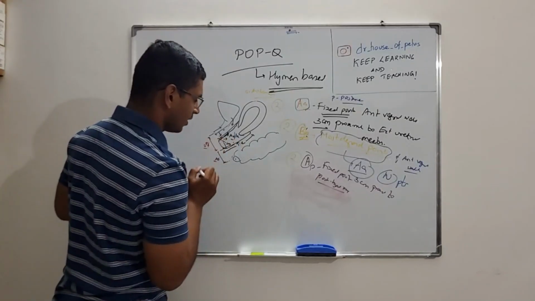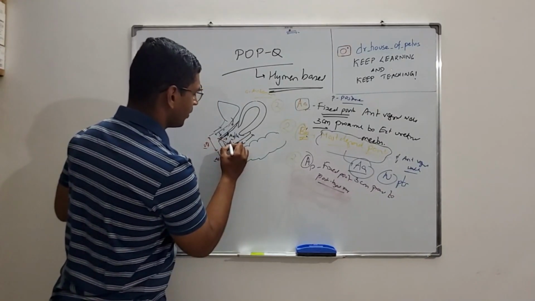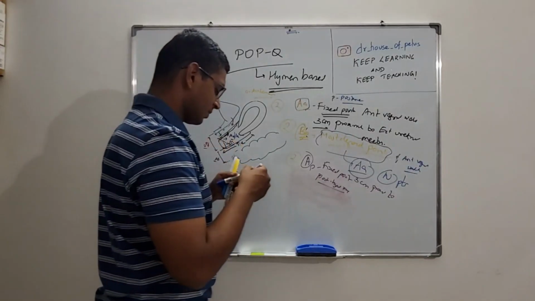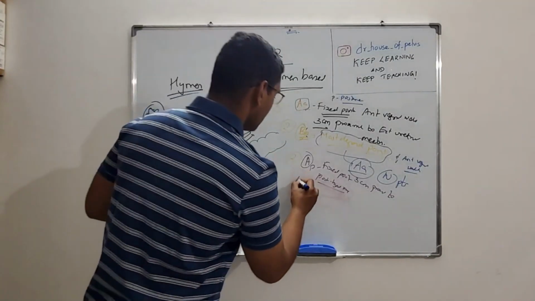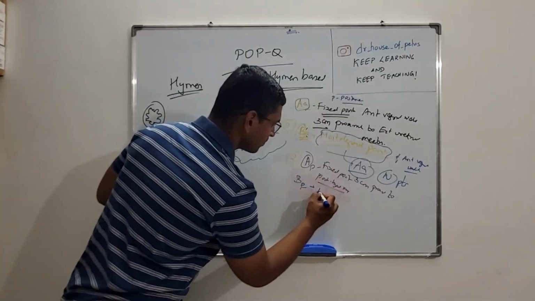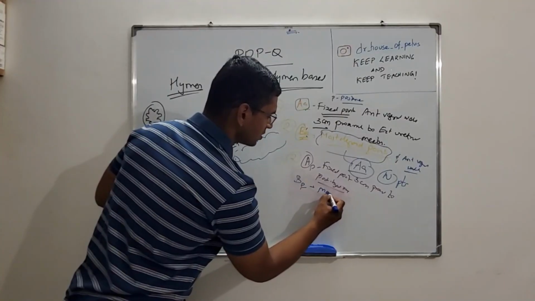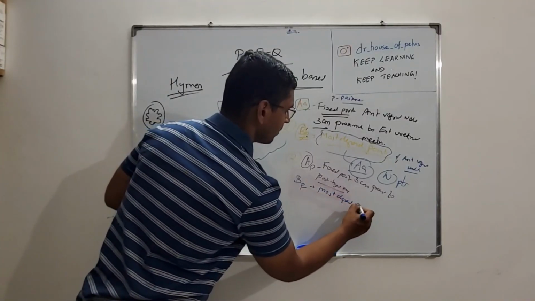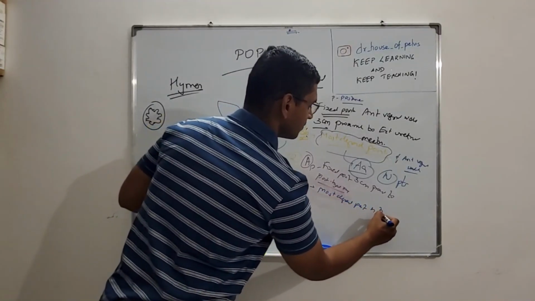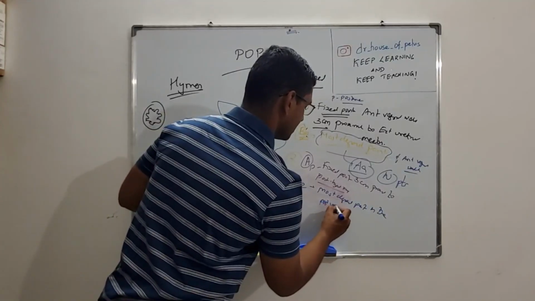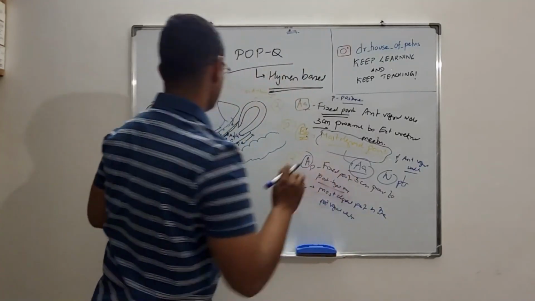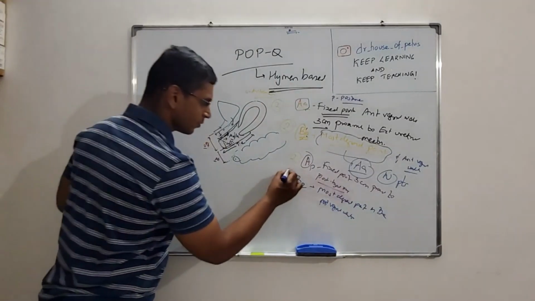So it will be somewhere over here. So this will be the point AP, and BP is similar. B is the most dependent point, and the letter small p indicates posterior vaginal wall. So this is the most dependent part in the posterior vaginal wall. So this usually again corresponds to point AP.